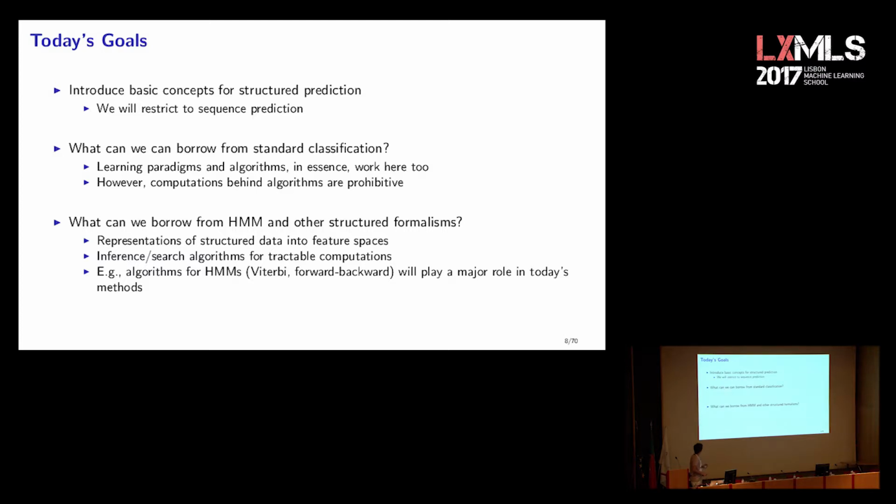Okay, so today, continuing on the two lectures that you had, I'm going to introduce the basic concepts for structure prediction. To make things easy, I'm just going to focus on sequence prediction, and I will use that simple example of named entity extraction. Because it's already a very simple problem, but it already highlights the difficulties.